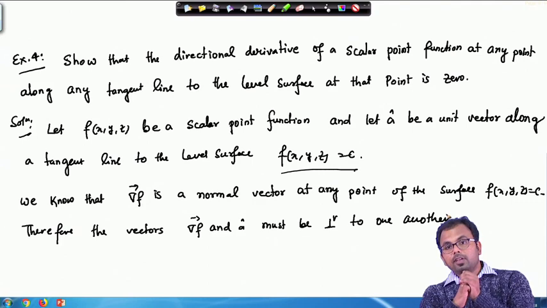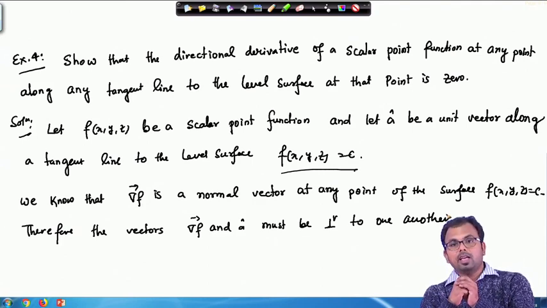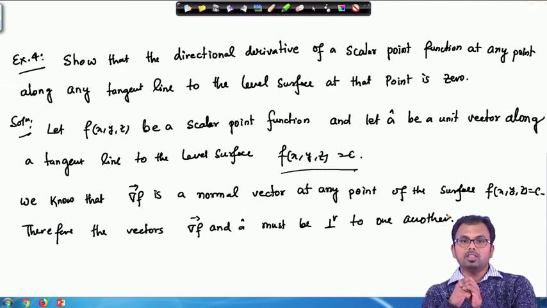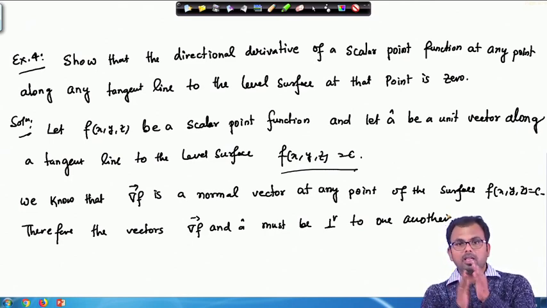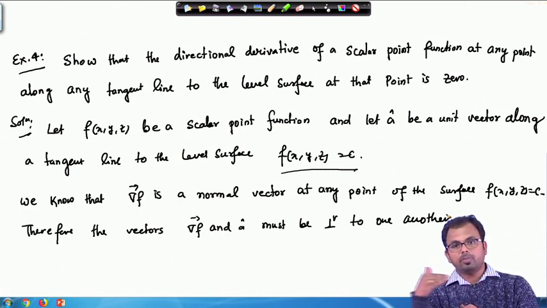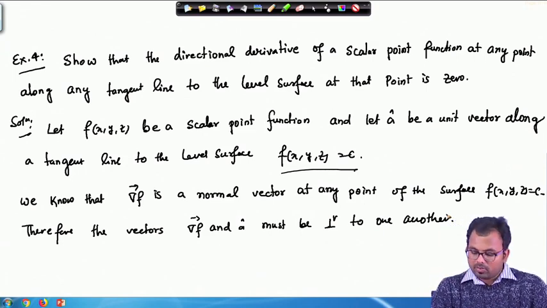Now, a cap is along the direction of the tangent line and the gradient of f is normal to the level surface f(x, y, z) = c, so the gradient of f must be perpendicular to the tangent line as well, and therefore perpendicular to that a cap. That is what we are saying.